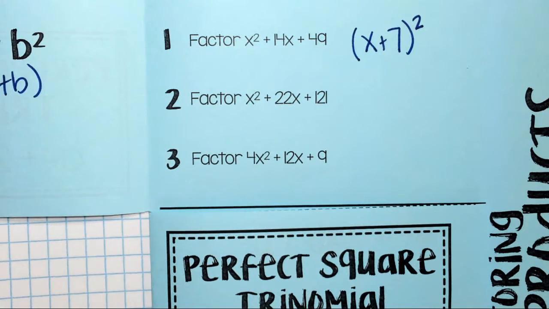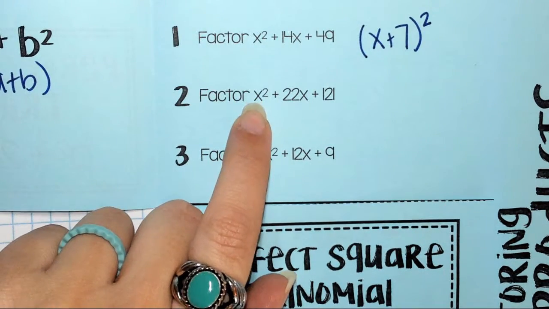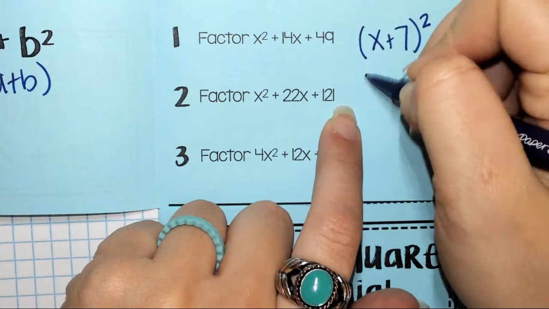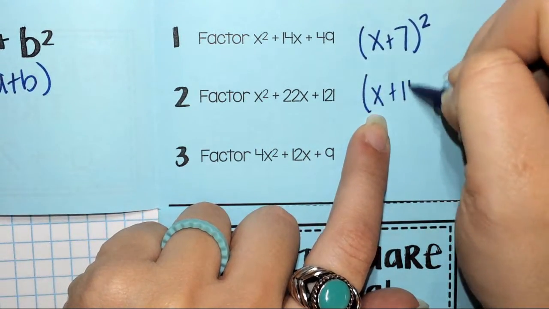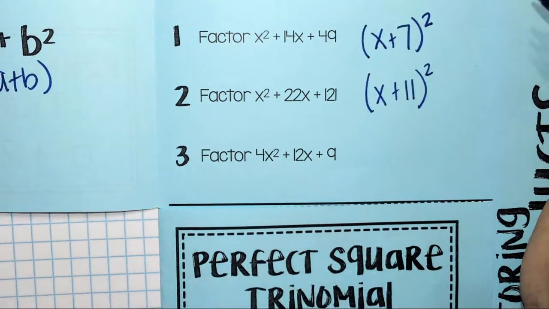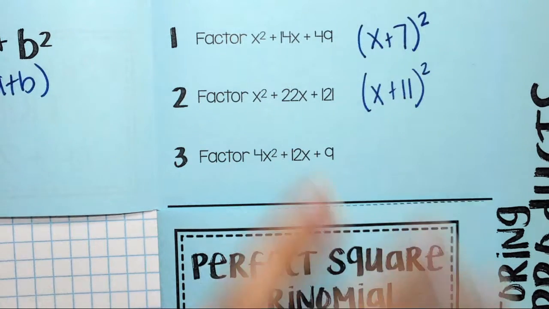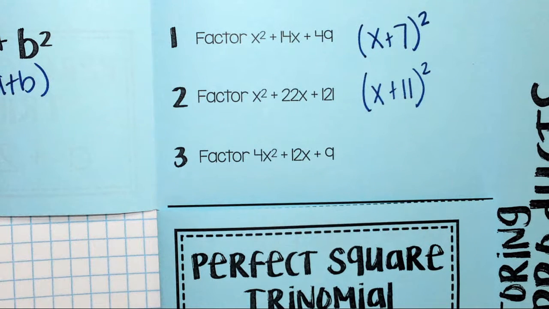Okay, so on number 2, is the first term a perfect square? Is the last term a perfect square? 121 is a perfect square, guys. Remember we made those note cards? All right, who's the last one without me?